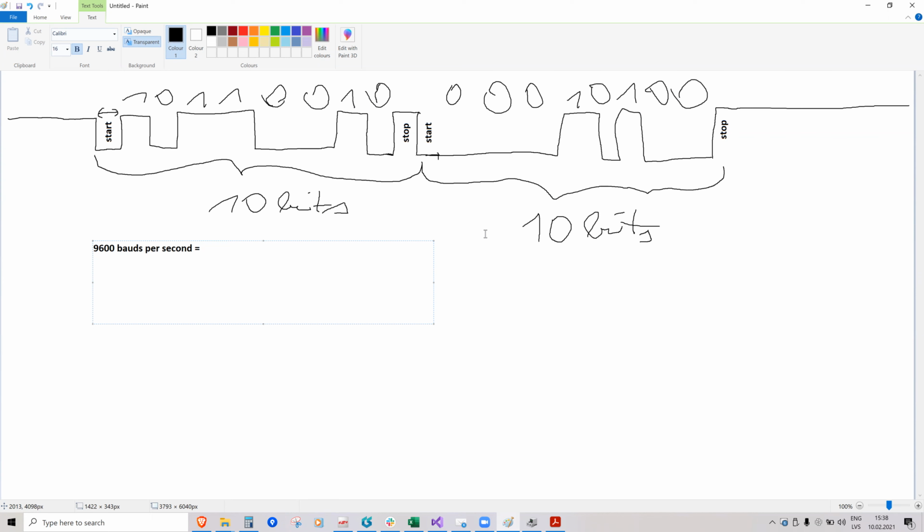If we divide the number by 10, we will get how many bytes per second. 9600 divided by 10 equals 960 bytes per second.